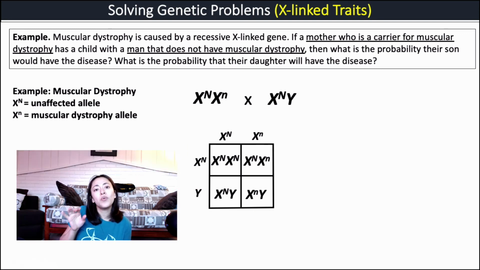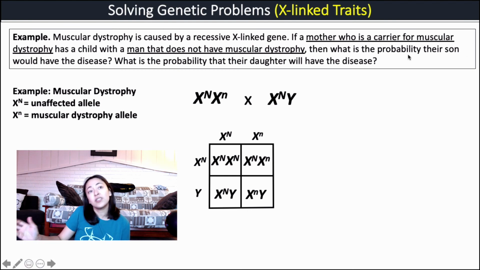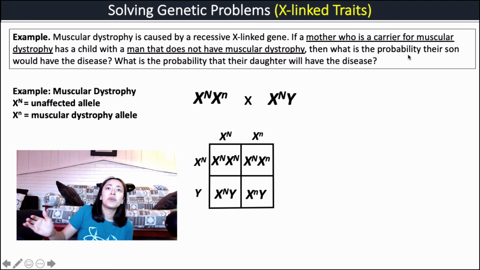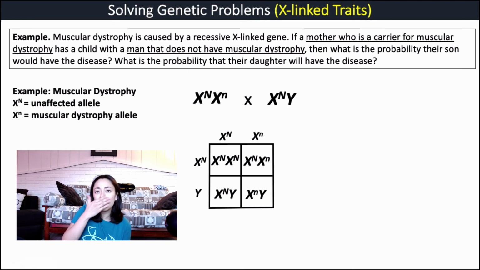You're always going to want to answer the problems associated with X-linked traits in the way that I'm going to show you now, because I'm always going to ask you what's the probability their son would have the disease and what is the probability that their daughter would have the disease. So in this case, we know that the daughters are always going to be XX, so two of the squares are representing the daughters, and XY are representing the sons.